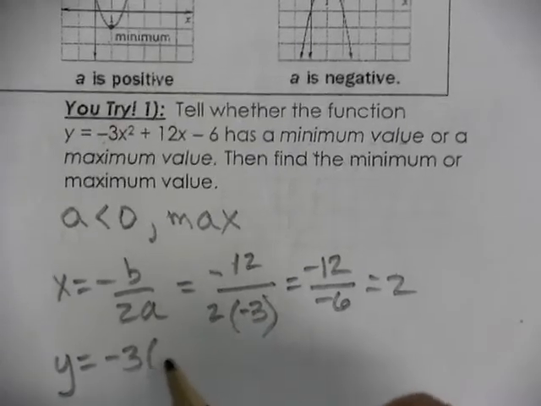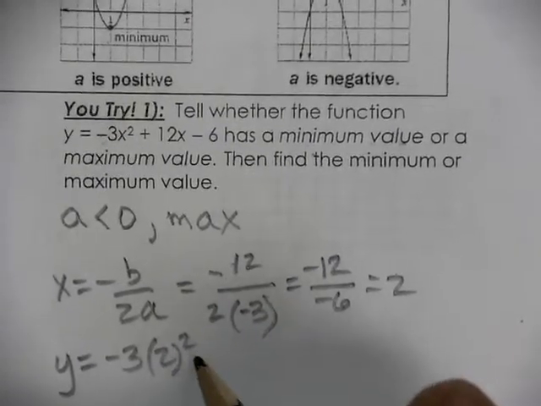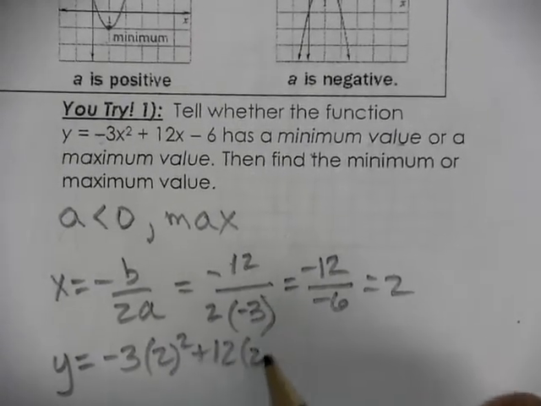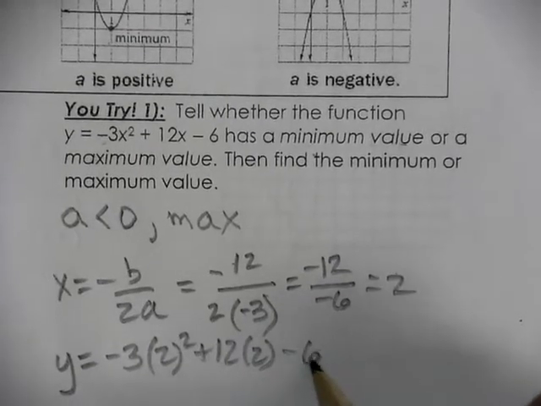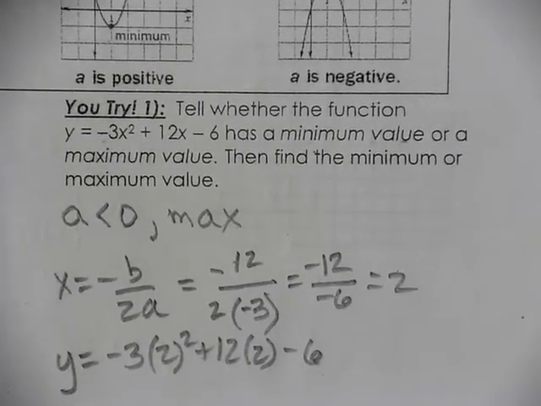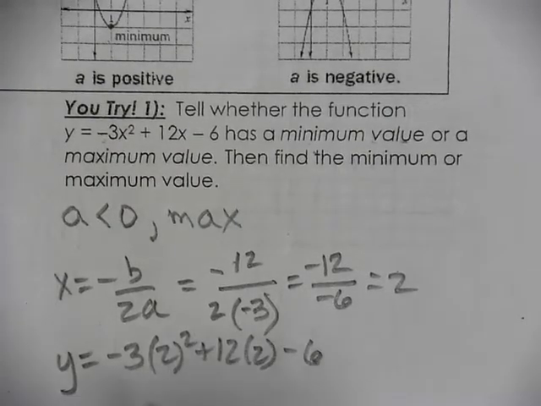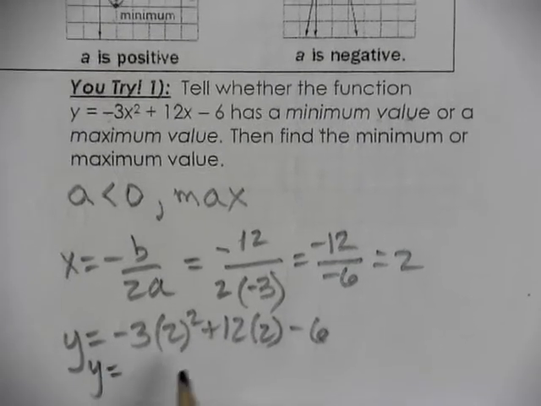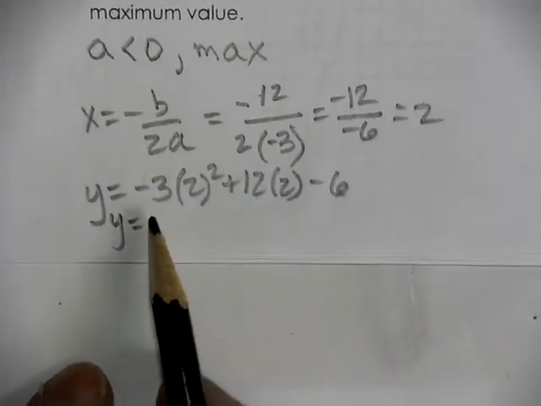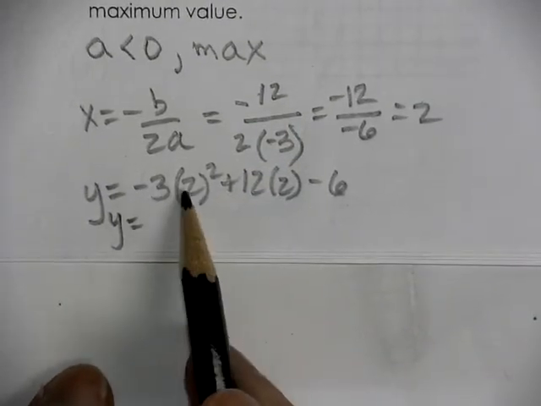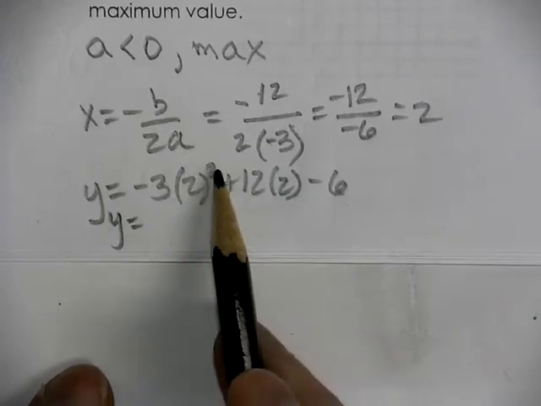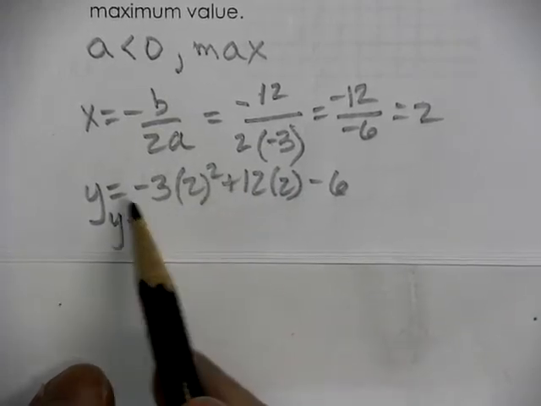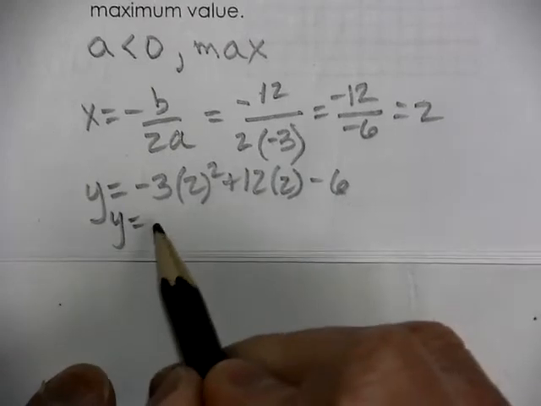So negative 3 times 2 squared plus 12 times 2 minus 6. We plug that line of symmetry back into the original equation. And then we have to simplify. Now do be careful. This is not negative 3 times 2 squared. This is 2 squared times negative 3. There's a difference.